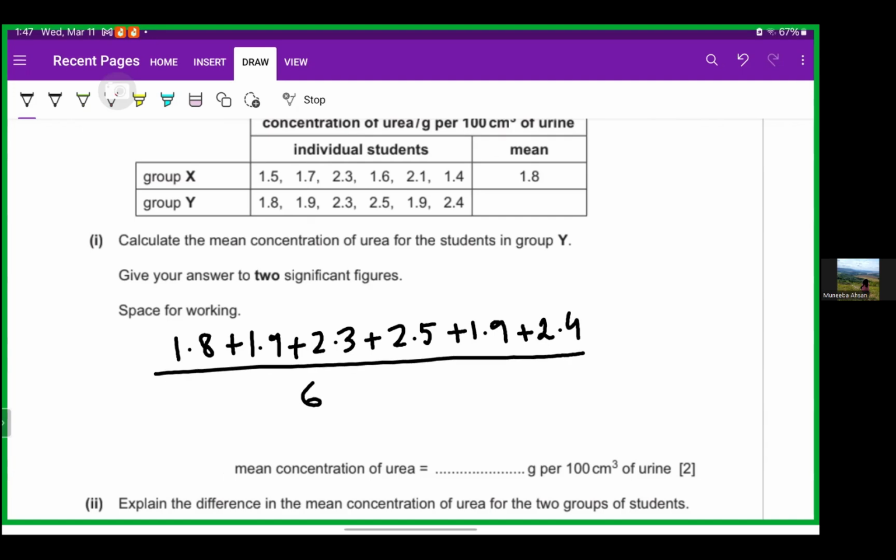So the correct answer would be approximately 2.1.